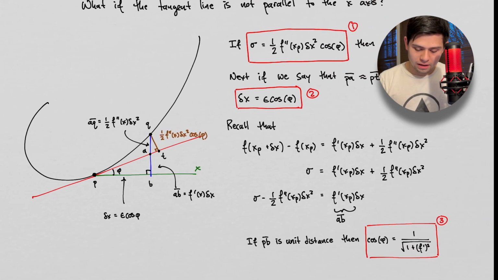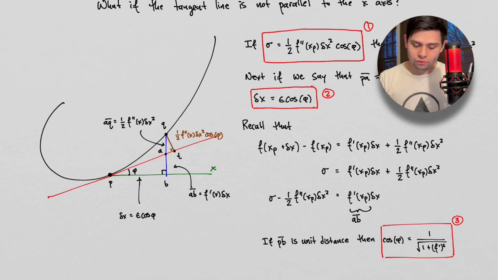Okay, and what we want to say is, this brown line here, if this brown line is this guy, then this guy is going to be here. This distance from A to Q is going to be this guy right here.